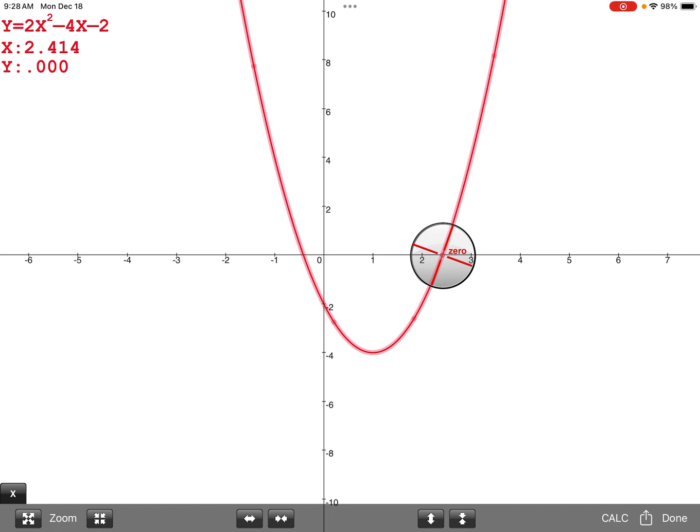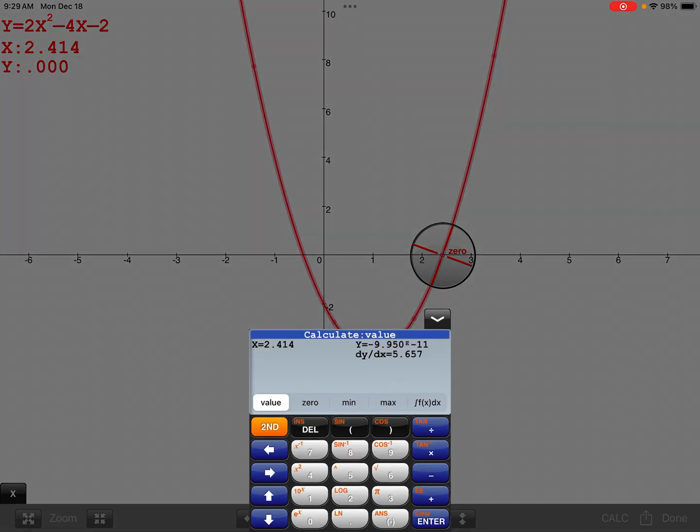And then the positive 2.414 is correct. But if you don't have a touch screen, you can go to second calculate and then type in the negative 0.414, and it'll say x equals negative 0.414, and that is the x-intercept on the left, and then 2.414 is the one on the right.